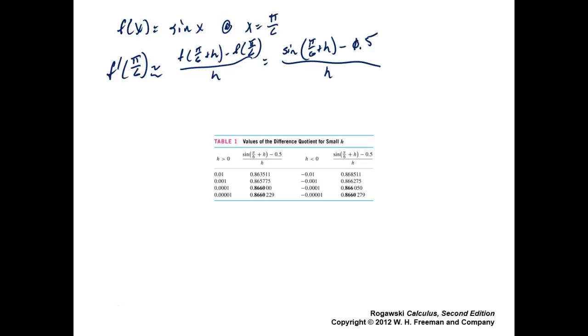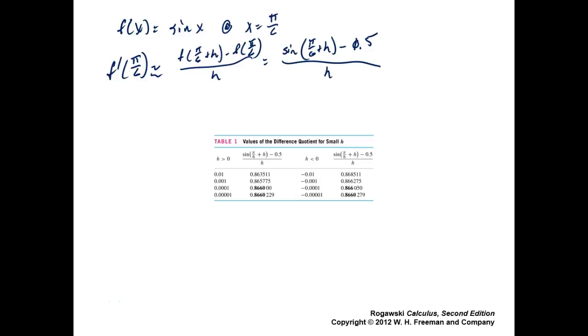I would have started at 0.1. They started at 0.01. That's a pretty small h. So let's do that one first. So what you're going to do is get your handy dandy little calculator. Everybody got one, right? However your syntax is on your calculator, I can't tell you what to enter in what order. My old scientific calculator, I have to enter the argument first and then do the function. Most of the newer calculators, you do it just as you read it.